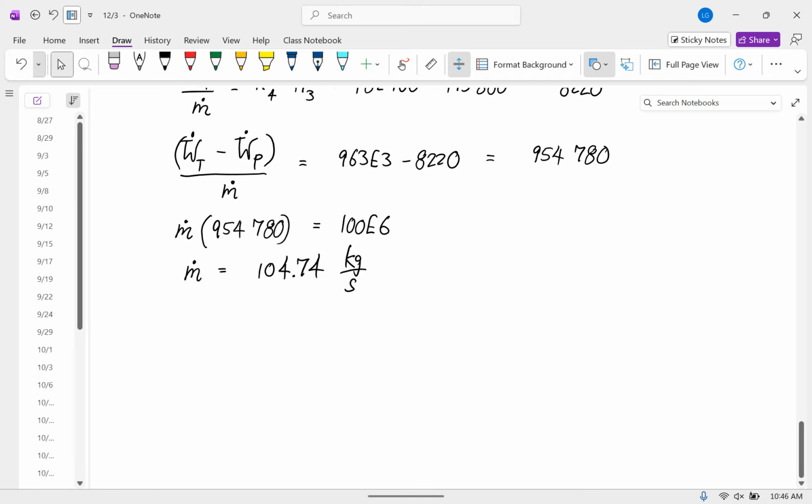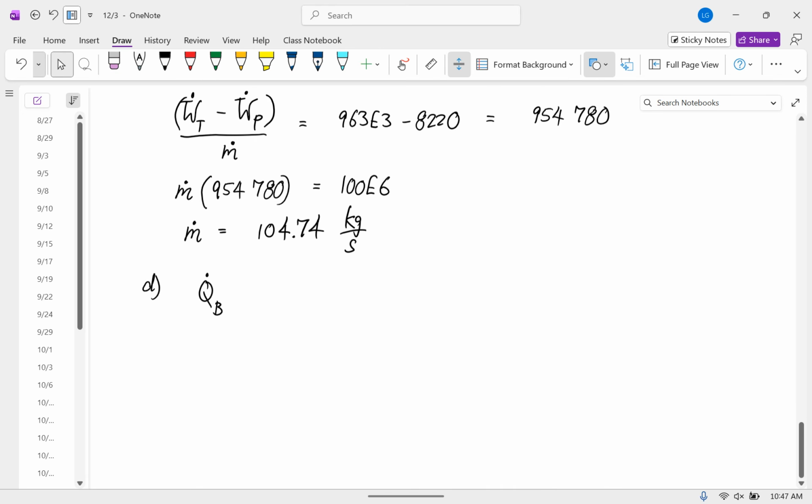And then D, so for D, we're looking for the rate of heat entering the working fluid at the boiler. We know that, I guess I usually call this sub H, so Q dot H over M dot is equal to H1 minus H4.